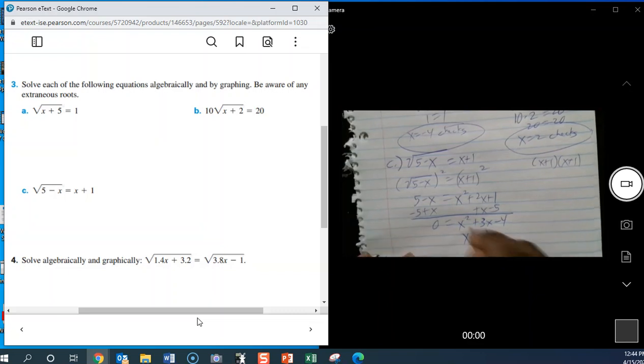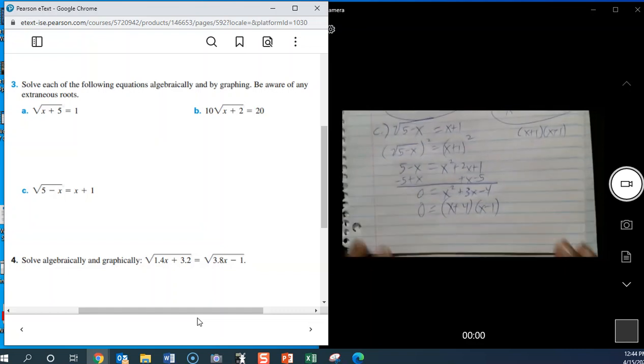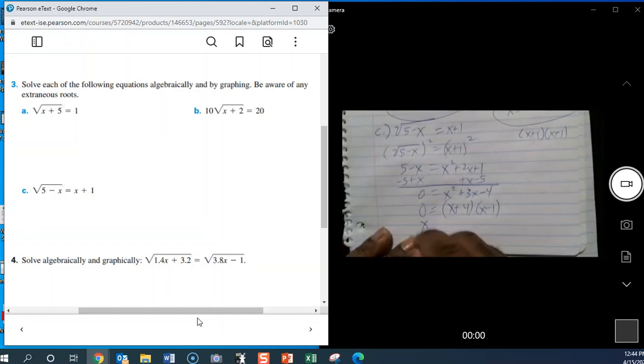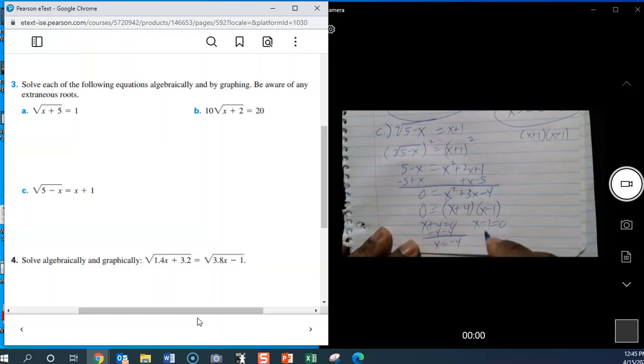We could do x plus 4 and x minus 1. Now we set both of these equal to 0. x plus 4 equals 0, x minus 1 equals 0. Subtract 4 on both sides, and we get x is -4. Add 1 on both sides, and we get x is 1.